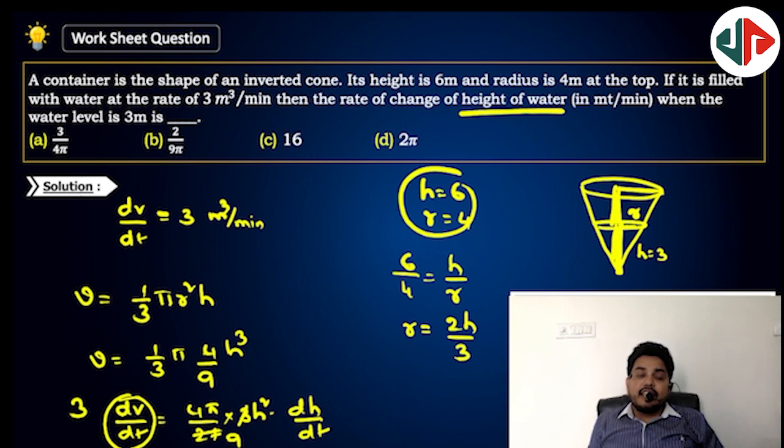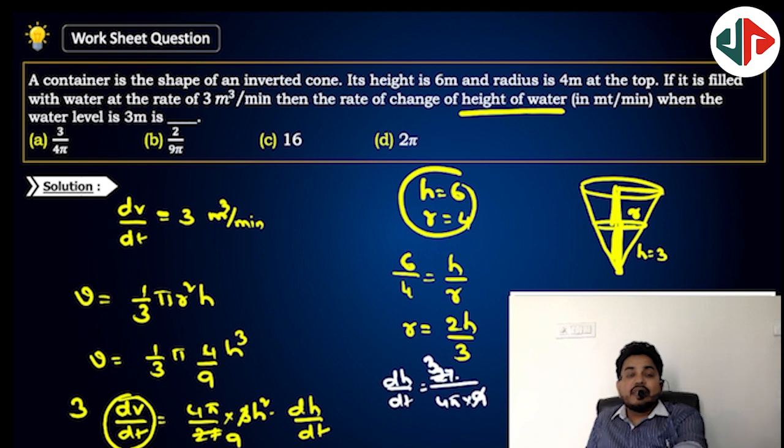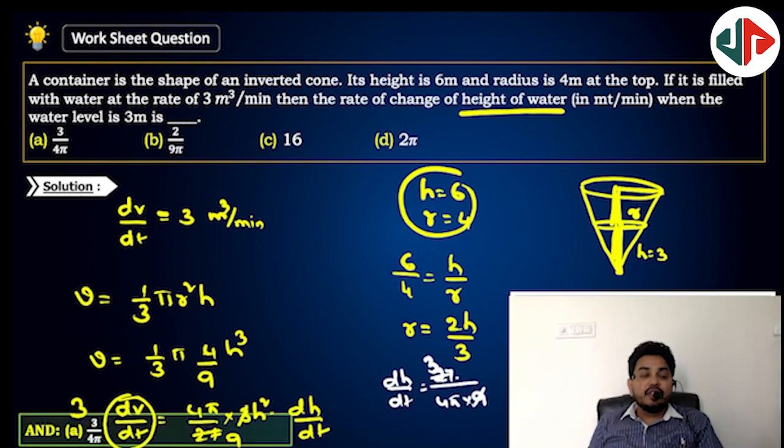So what is dh by dt? dh by dt is equal to 27 by 4 pi into h square. h square is 3 threes, 9. So 9 ones are 9, 9 threes are 27. So this is going to change at 3 by 4 pi meters per minute.